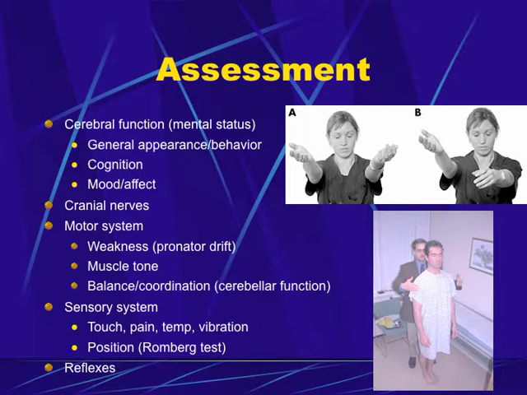So hypotonia is flaccidity. Hypertonia is spasticity. Myoclonus is muscle spasm. Myo is muscle, clonus, spasm of the muscles. Athetosis is an involuntary movement of the extremities. It's kind of like a writhing, almost snake-like movement.